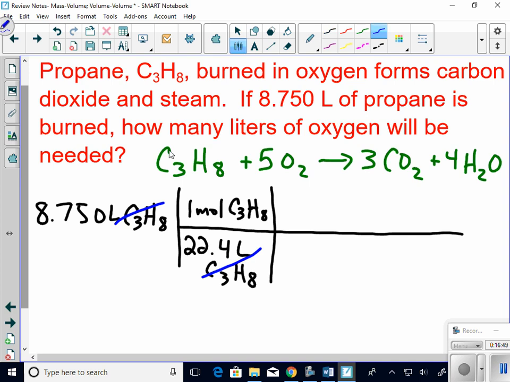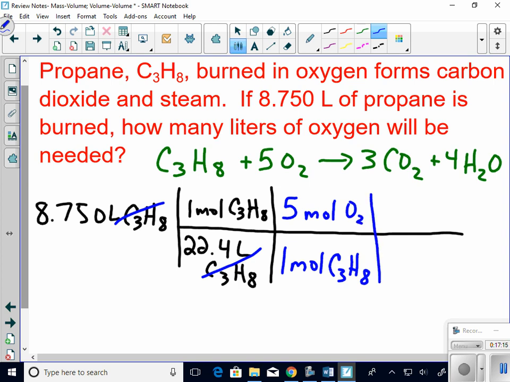Now of propane, I look at my molar ratio, 1 mole of propane. I'm trying to convert this into liters of oxygen. So 1 mole of propane has 5 moles of oxygen.